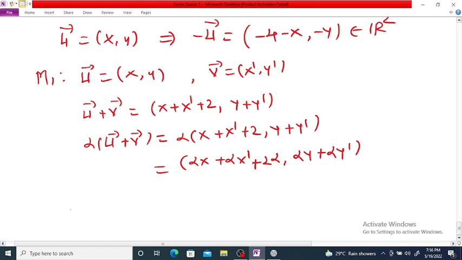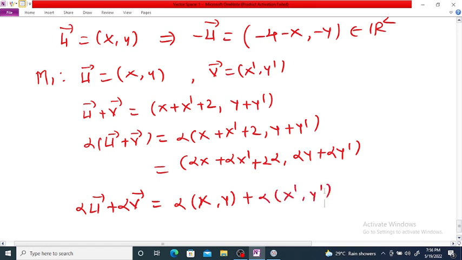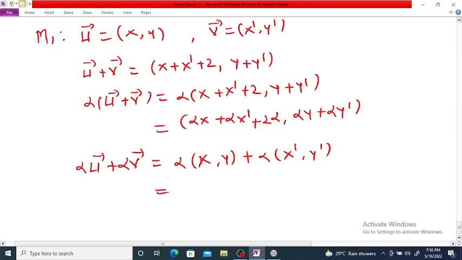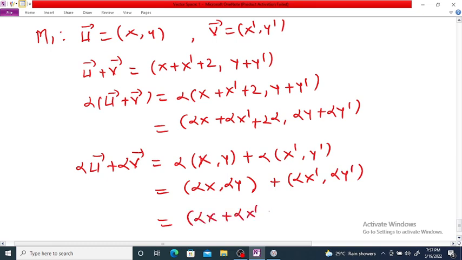Now consider alpha u bar plus alpha v bar. Written out, it is alpha times xy plus alpha times x dash y dash, which is alpha x, alpha y plus alpha x dash, alpha y dash. Now for the plus operation, we get alpha x plus alpha x dash plus 2, and alpha y plus alpha y dash.